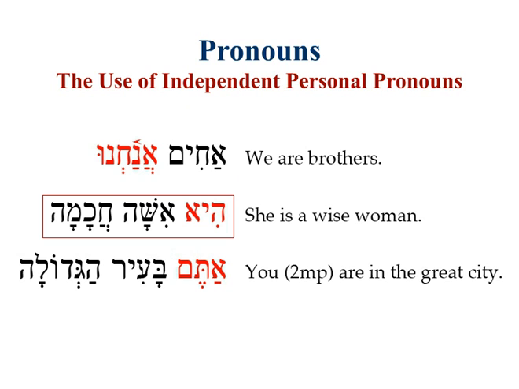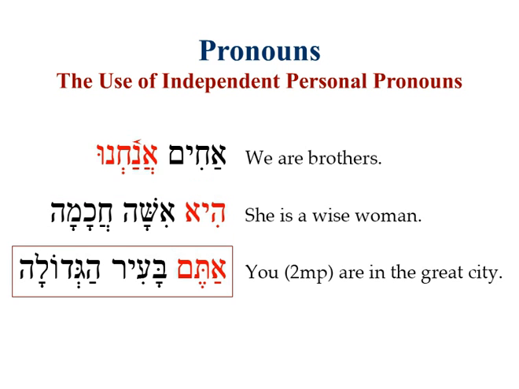The fifth example, hi ishah chakhamah. She is a wise woman. Hi is the third feminine singular independent personal pronoun, and again, we've supplied a present tense of the verb to be. In the last example, atem ba'ir hagedolah.